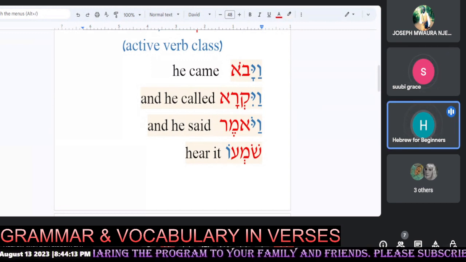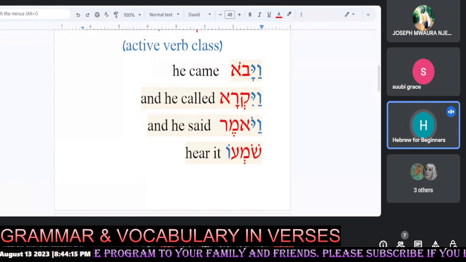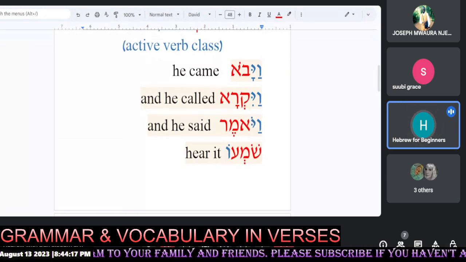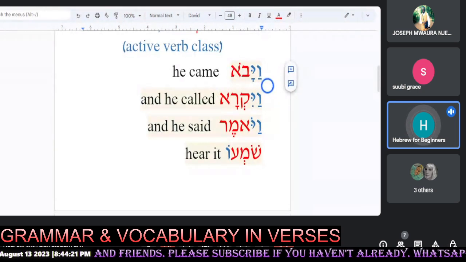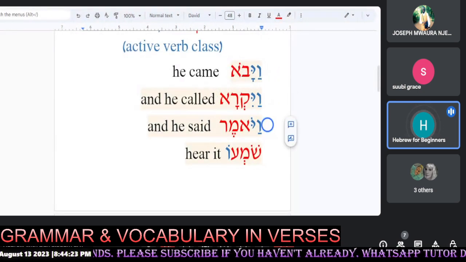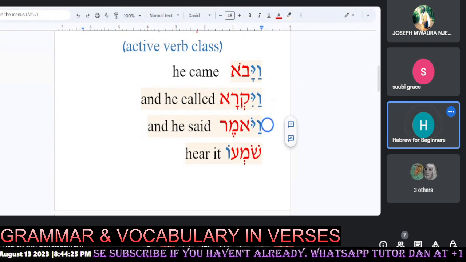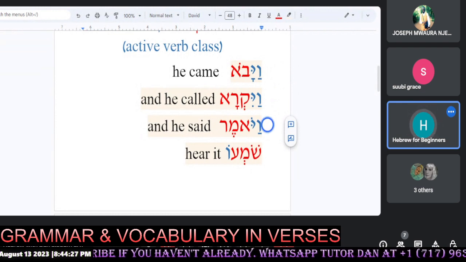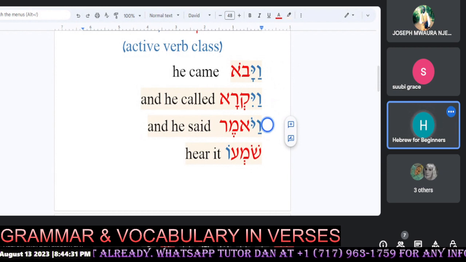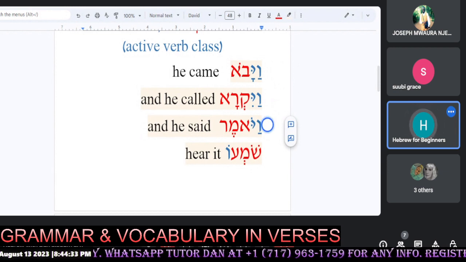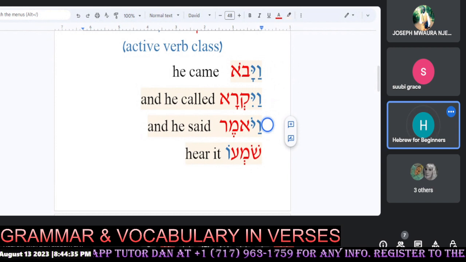And what that vav does is it changes the future tense into the past tense. Vayavo, he came. Vayikra, he called. Vayomer, he said. It's called the vav hahipuch, the overturning vav. It overturns the future tense and forces it into the past tense.